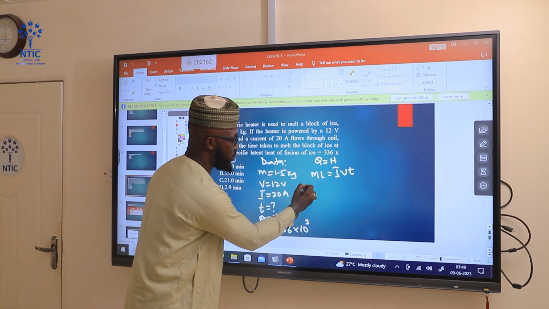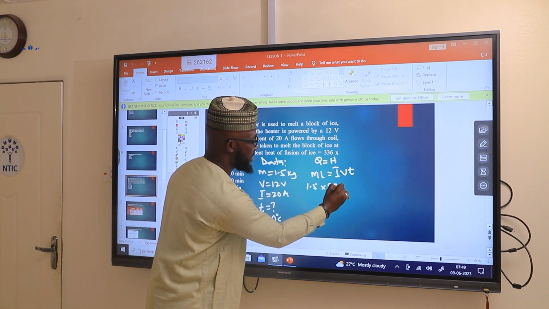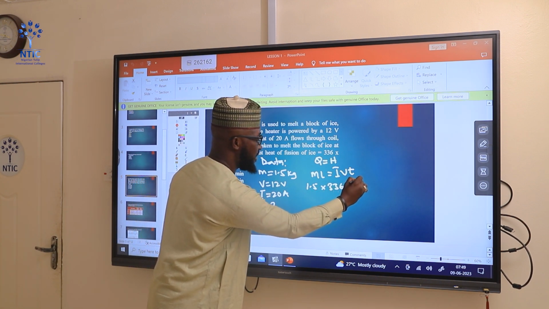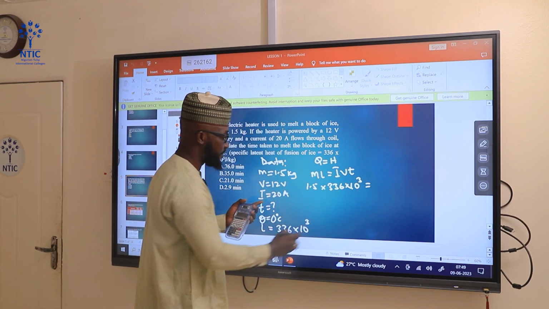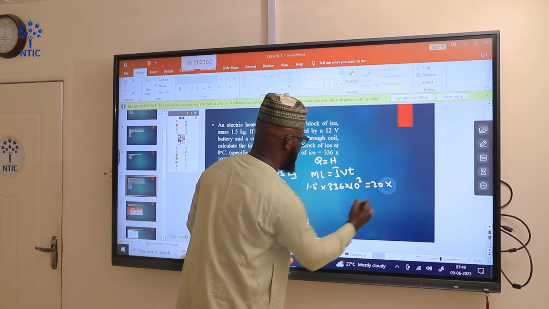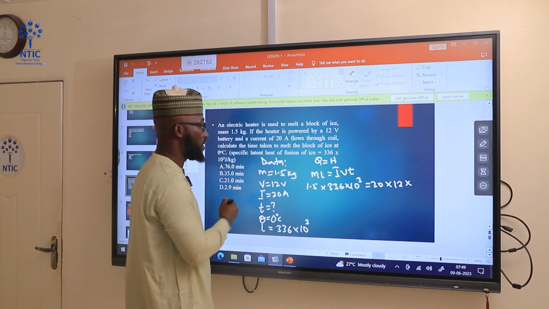Mass is given as 1.5. L is 336 times 10 to the power of 3, which is equal to I, known as 20, times V, given as 12, while t is what we are looking for.